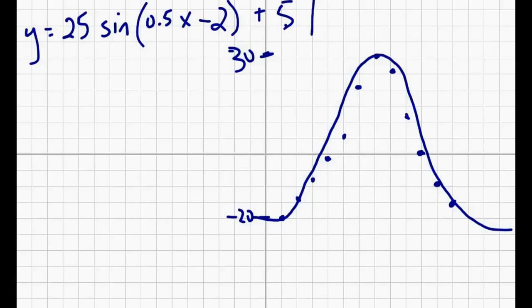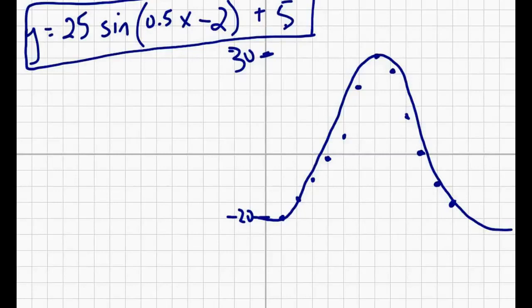Okay, so let's suppose that was the equation that we got from the regression calculation based on this graph and these points. So now the trick is, what do these numbers mean?